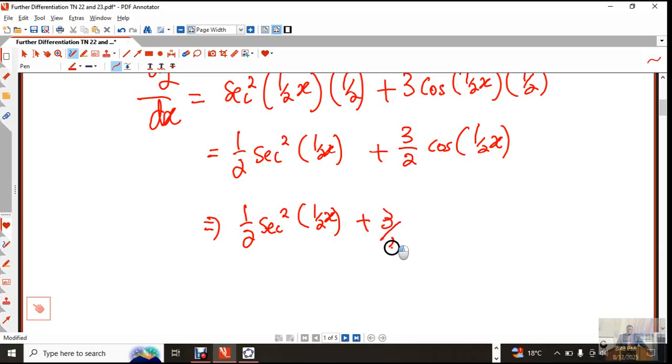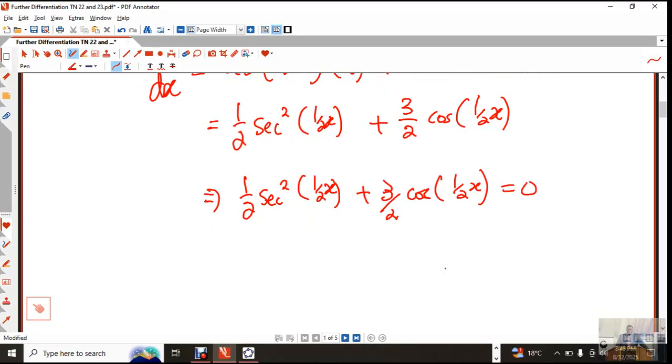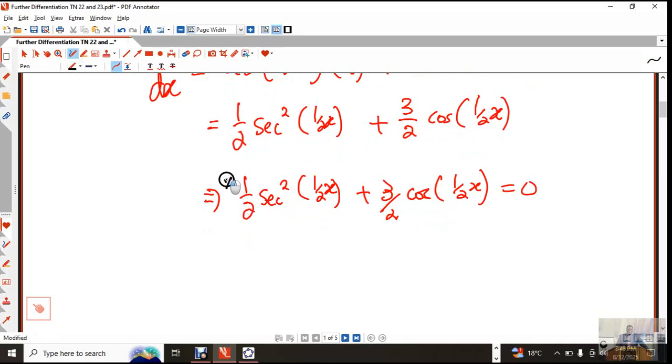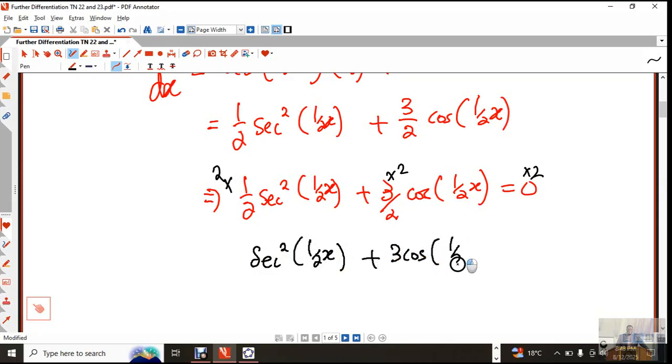That is a half sec square of a half of x plus 3 halves of cos of a half of x, let that equal to 0. So the first thing that I will be doing, I will do it step by step. I want to get rid of this 2. So I'll multiply each term effectively by 2, leaving me with sec square of a half of x plus 3 cos of a half of x is equal to 0.